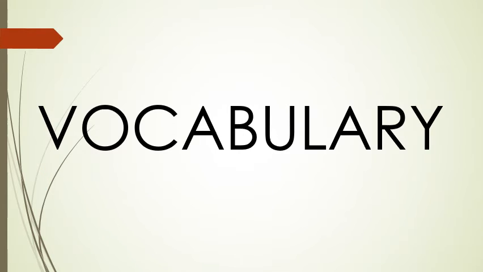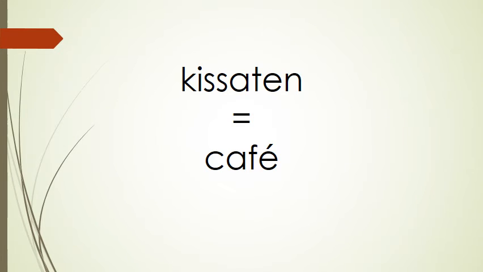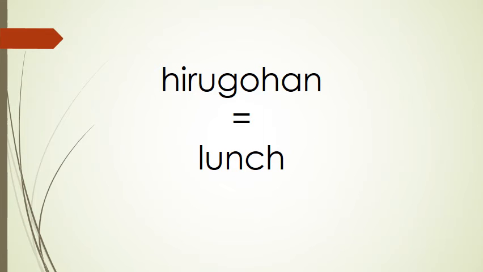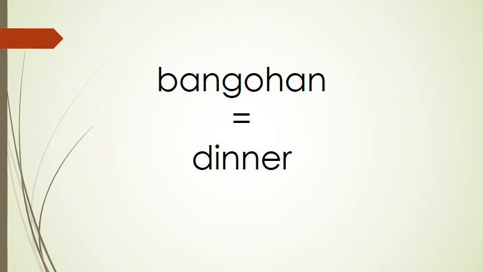Now, before we move on to our practice section, we're going to learn a little bit more vocabulary. Kissaten means cafe. Asa gohan means breakfast. Hiru gohan means lunch. Ban gohan means dinner.